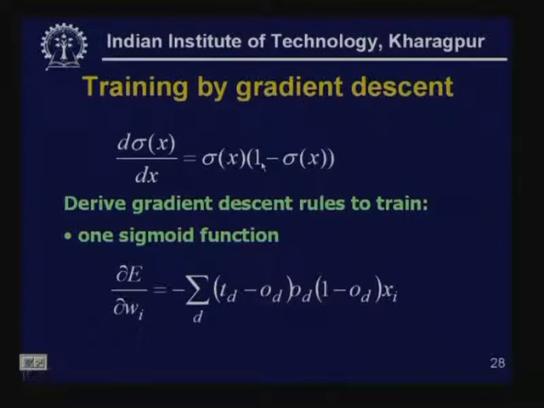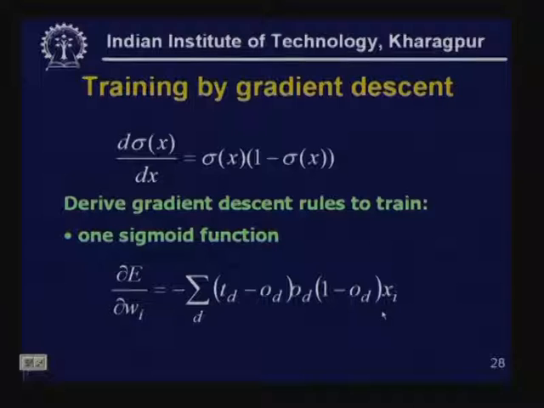Now, we will try to derive the gradient descent rule when we have a single layer of sigmoid units. What we will do is define the error function as we defined in the last class, and we will try to find the partial derivative of the error function with respect to each value of Wi, and we will see that that value is equal to minus of sigma over all training instances d, Td minus Od into Od into 1 minus Od into Xi.